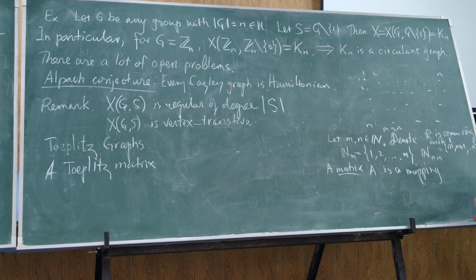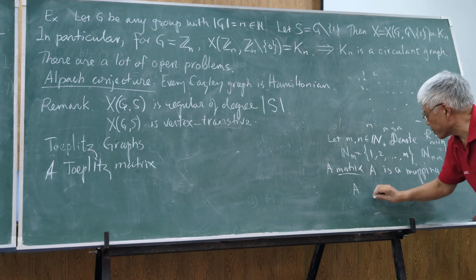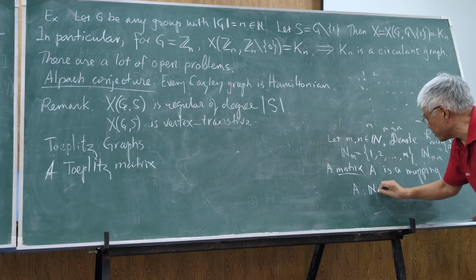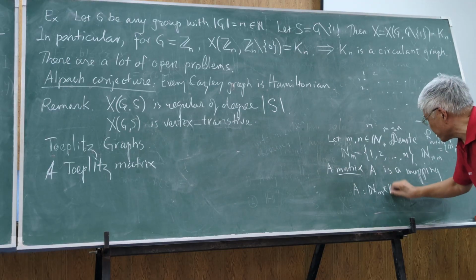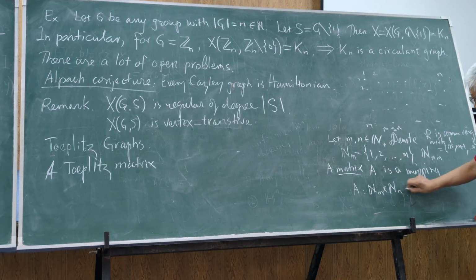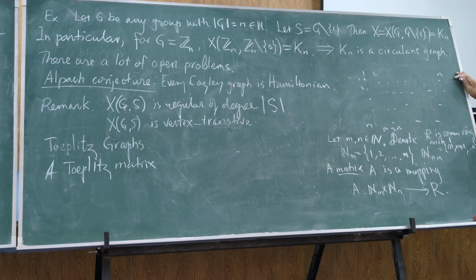Commutative ring with 1. So this mapping A is from N sub m cross N sub n into R. So this matrix is a matrix over the commutative ring with identity element R.